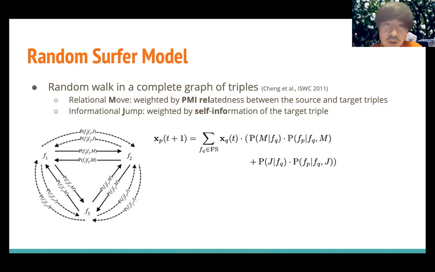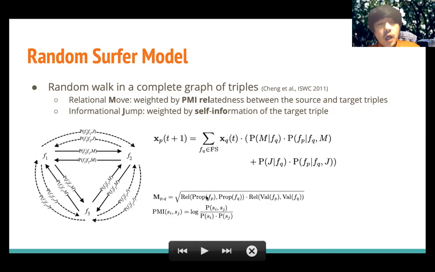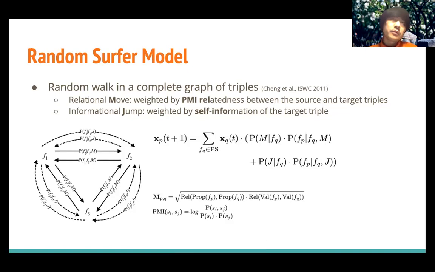So how do we compute the relatedness between two triples? We compute the relatedness between their properties and between their values. For both property and value, we take their string forms, I mean their names, for example. Then we compute their PMI, pointwise mutual information.